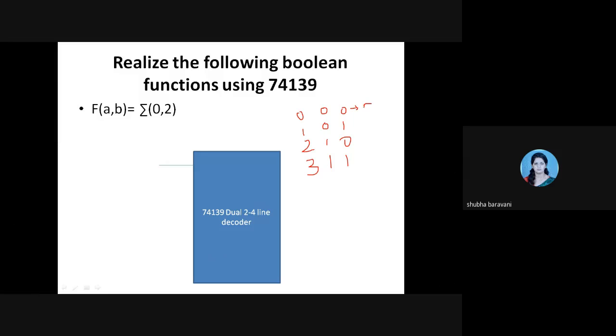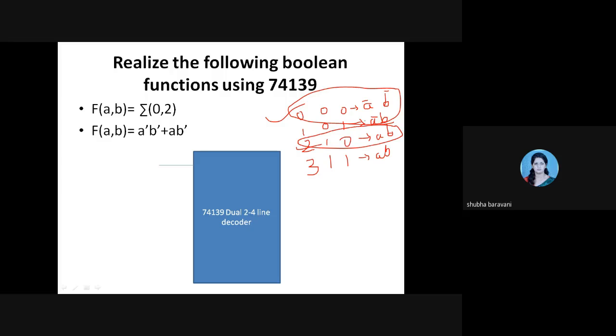This corresponds to A bar B bar, this corresponds to A bar B, this is A B bar, and this is AB. So now they have said min terms 0 and 2. So 0 corresponds to A bar B bar, 2 corresponds to A B bar. Now is that understood? Yes, ma'am. Okay, right, so I got this.